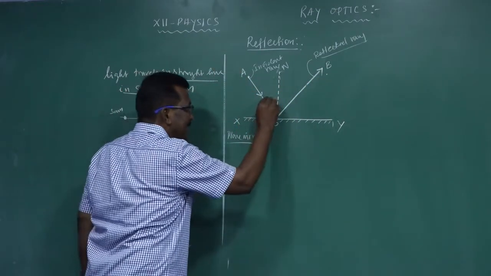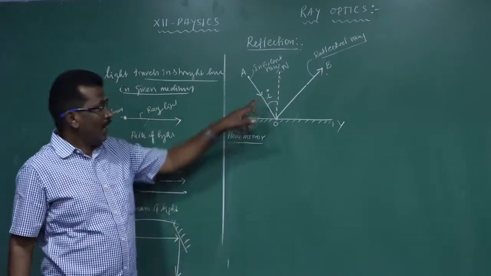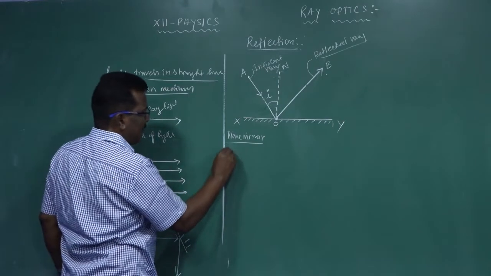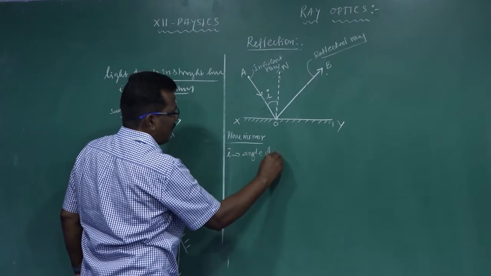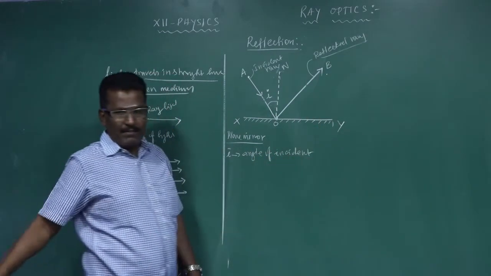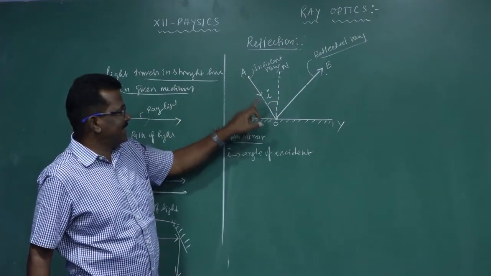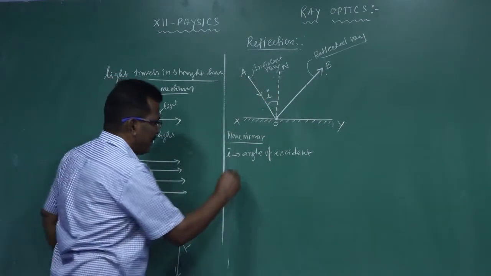This is represented by i. i is called the angle of incidence. That is the angle between the incident ray and the normal, that is angle AON.